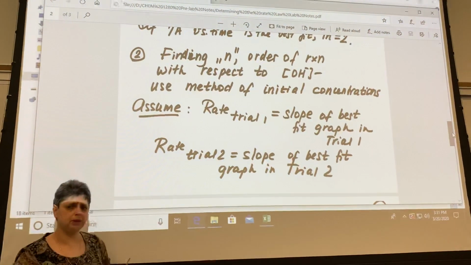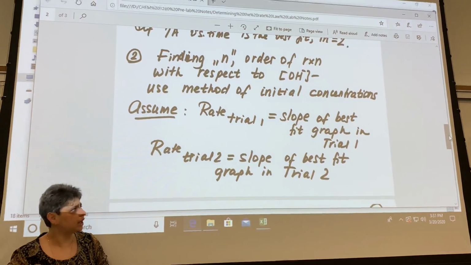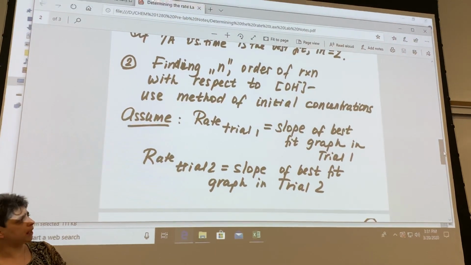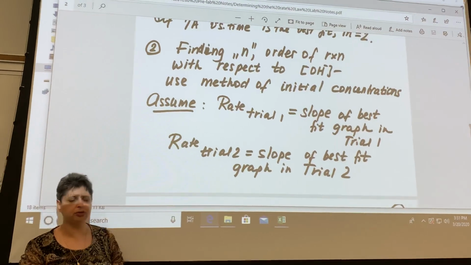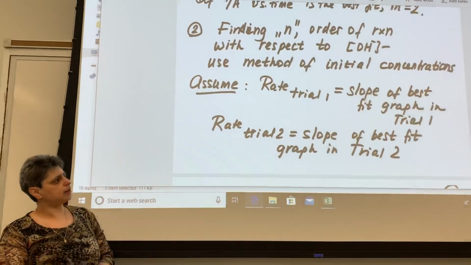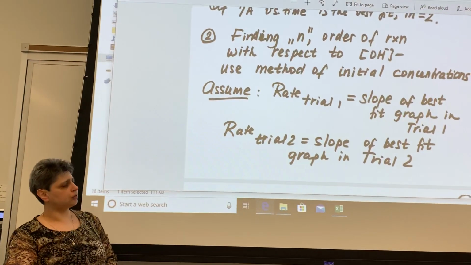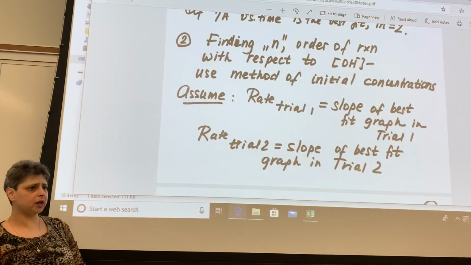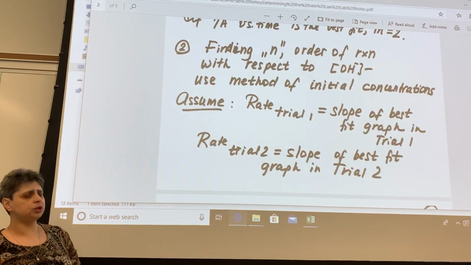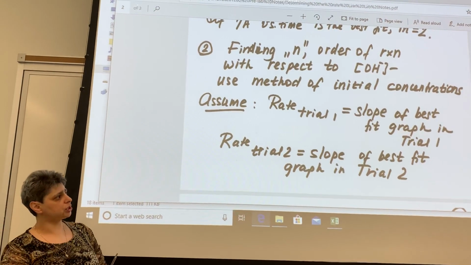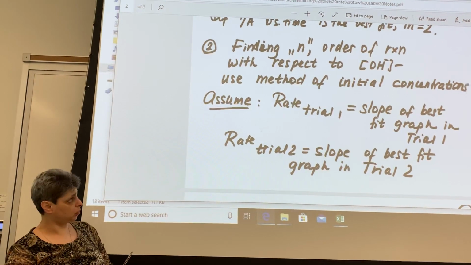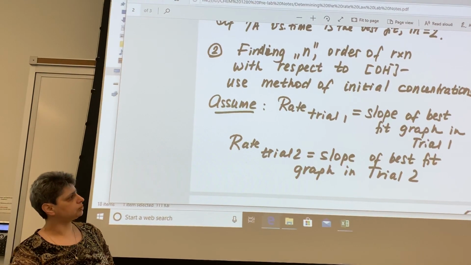We discussed this method briefly before you left campus, before break, and we talked about how the method of initial concentration typically requires doing 2 trials of the experiment where the concentration of the reactant in question would be varied, and then looking at how the initial rate of such experiment would change as a result of the change in concentration of the reactant in question.